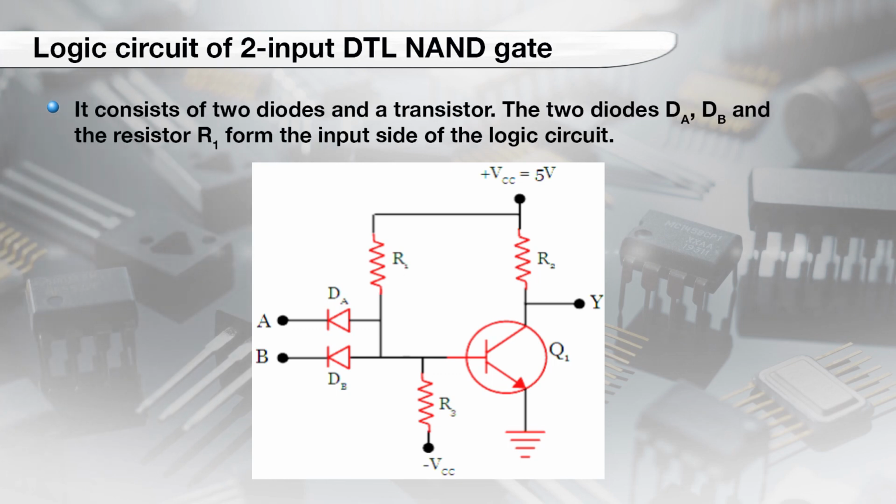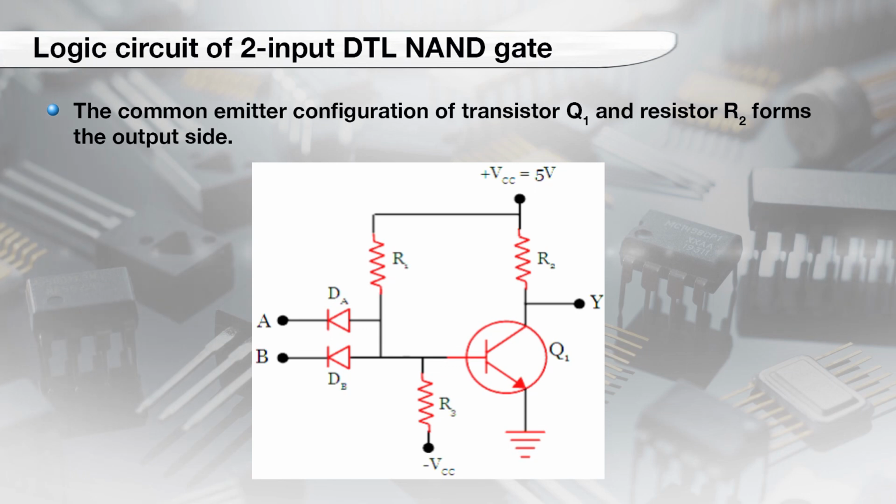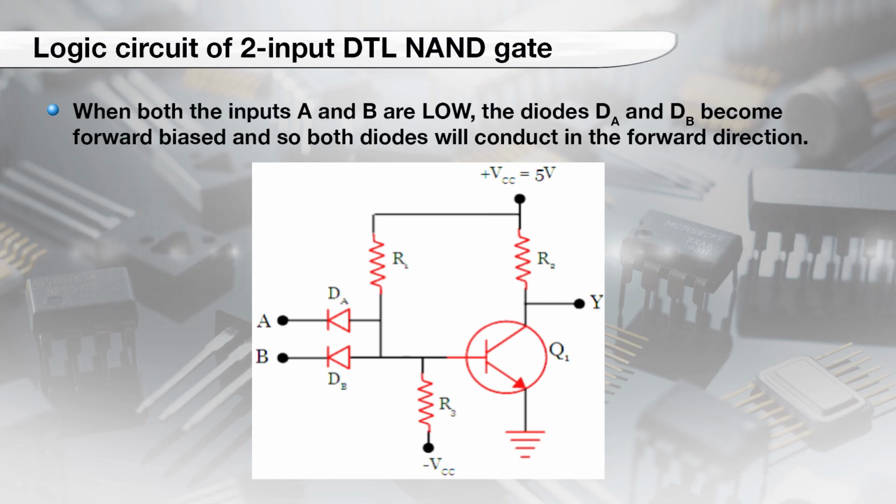It consists of two diodes and a transistor. The two diodes DA and DB and the resistor R1 form the input side of the logic circuit. The common emitter configuration of transistor Q1 and resistor R2 form the output side. When both inputs A and B are low, the diodes DA and DB become forward biased, so both diodes conduct in the forward direction.